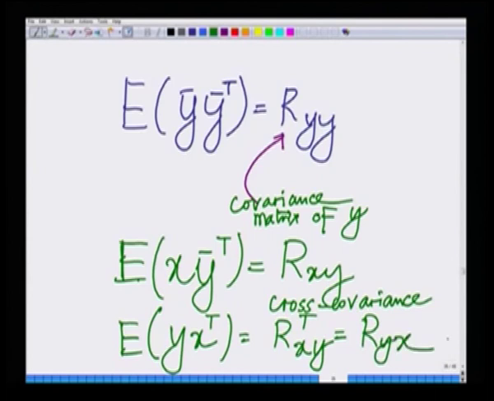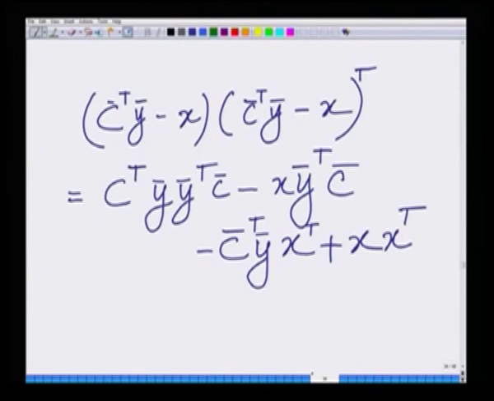You can clearly see from this expression that expected y x transpose is the transpose of R x y. So, we have defined these two covariance quantities: R y is the covariance of y, and R x y is the cross covariance.